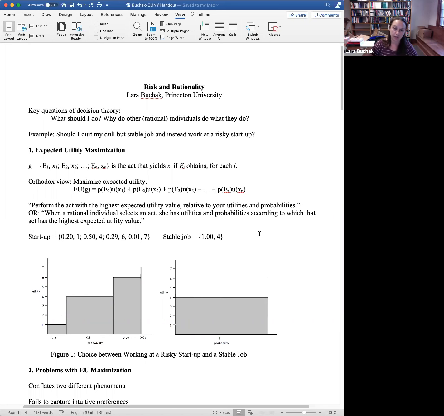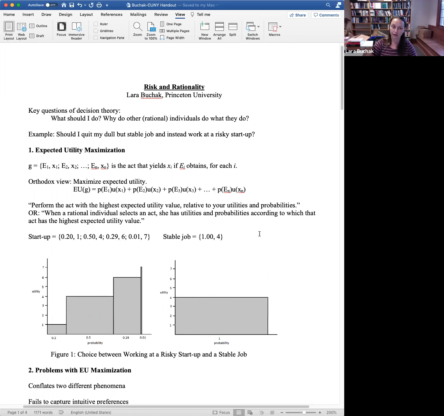That just means you take the probability of each state, multiply it by the utility you get in each state, add them together, and that's the value. I'll talk about what utility is in a minute. In fact, there are two different ways to think about what the orthodox view is. One view is that what you should do is perform the act with the highest expected utility value relative to your utilities and probabilities.